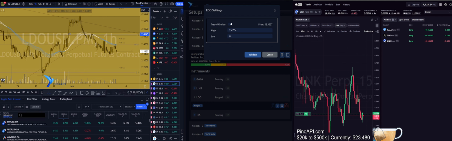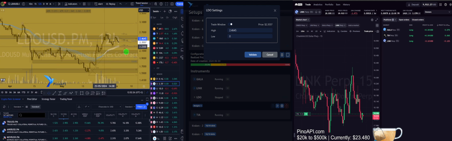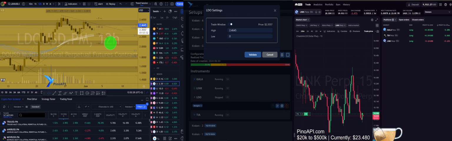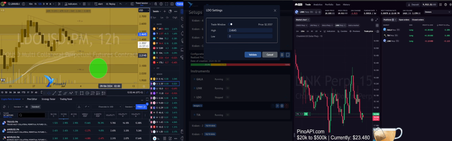Maybe a little bit lower. You don't have to be precise as a surgeon to set trade windows. It's just to safeguard yourself, and the more you trade, the more you are exposed, the better you get at identifying potential levels for your trade window, high or low.